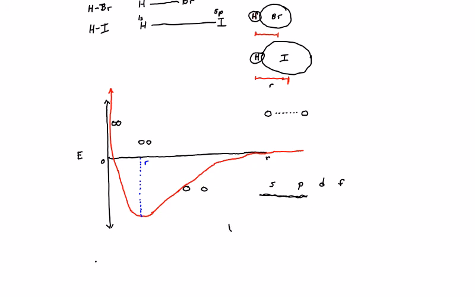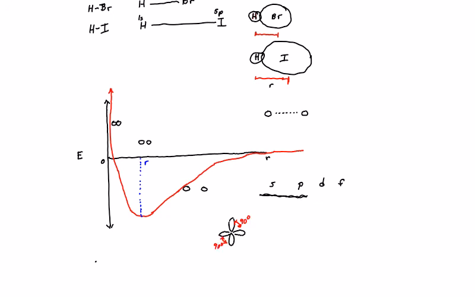Because remember, the p orbital can either be lined up with the x-axis or the y-axis or the z-axis. I'm not going to draw the z, but no matter how you slice it here, we would expect all the bond angles to be 90 degrees. And that is not what we see.